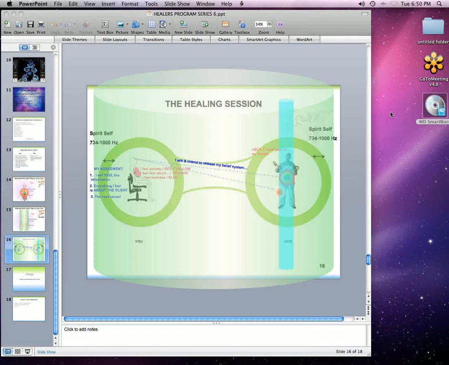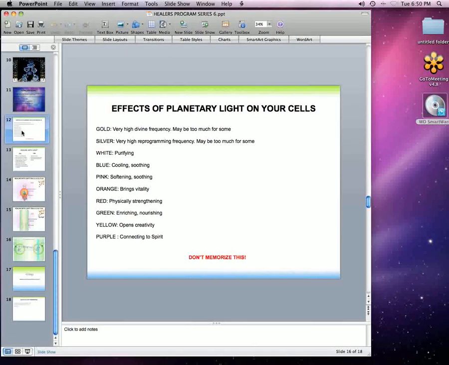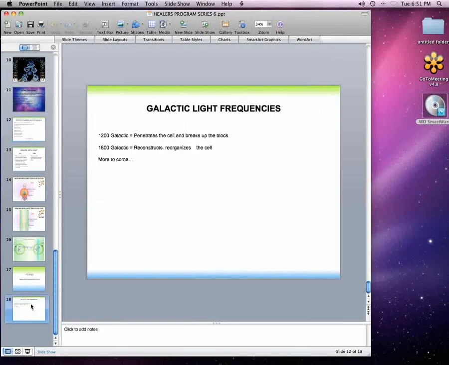I'd like to start practicing. And by the way, like I said, we only talked about the blue and the green and the effects of planetary colors. But as we continue, everything we talked about in terms of the effects of light on your cells applies to colors we understand, such as yellow and purple. But the universal, the galactic, here's a quick thing.